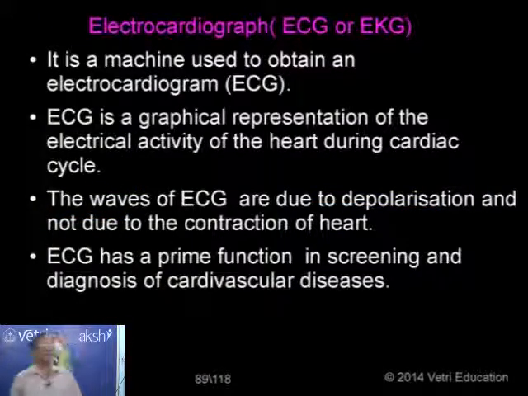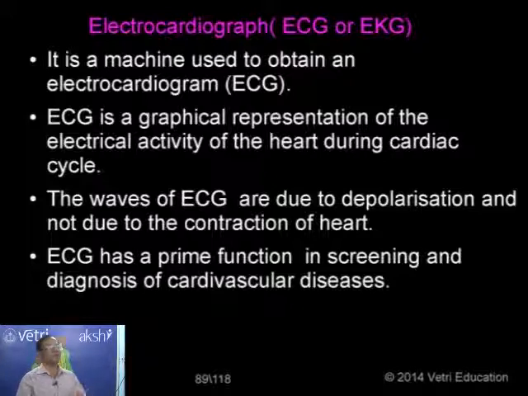Now the next one. To know the efficiency of the heart, whether the heart is normally functioning or not, we can make what is called the electrocardiogram, otherwise called simply ECG, or EKG in German.